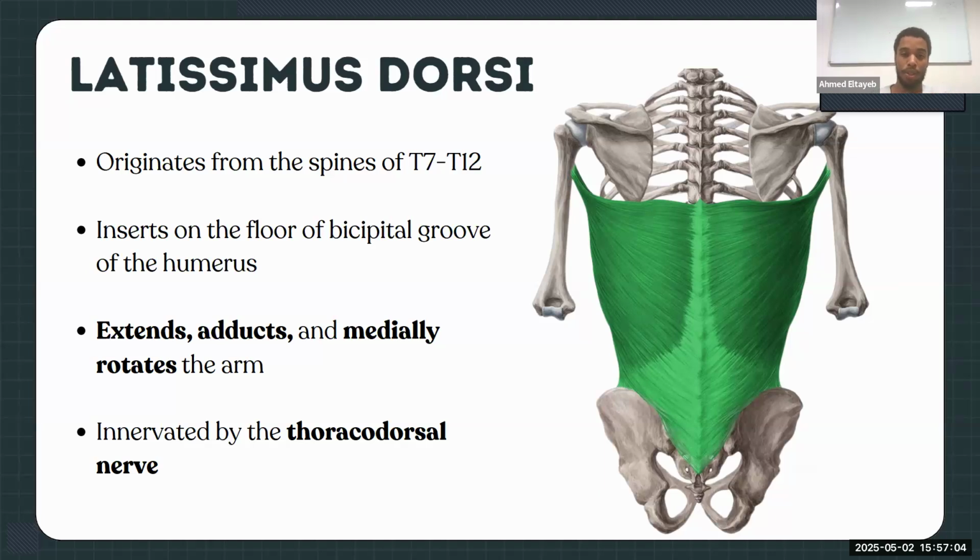Because of its insertion on the bicipital groove, it can extend the arm, bring it backwards, adduct the arm, bring it towards the midline, and medially rotate the arm. And the latissimus dorsi is innervated by the thoracodorsal nerve, and the thoracodorsal nerve is very intimate with the thoracodorsal artery. And we said the thoracodorsal artery comes from the third part of the axillary artery.